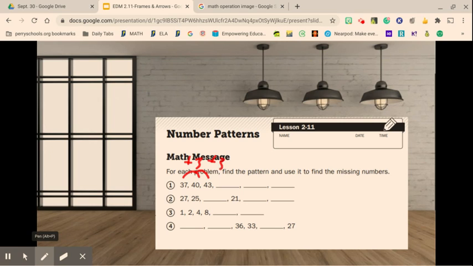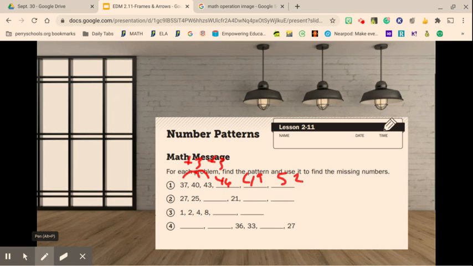Because I see two plus 3's, my rule is going to be to add 3. So 43 plus 3 is 46, 46 plus 3 is 49, and then 49 plus 3 is 52. So that's how I would complete that line of missing numbers.